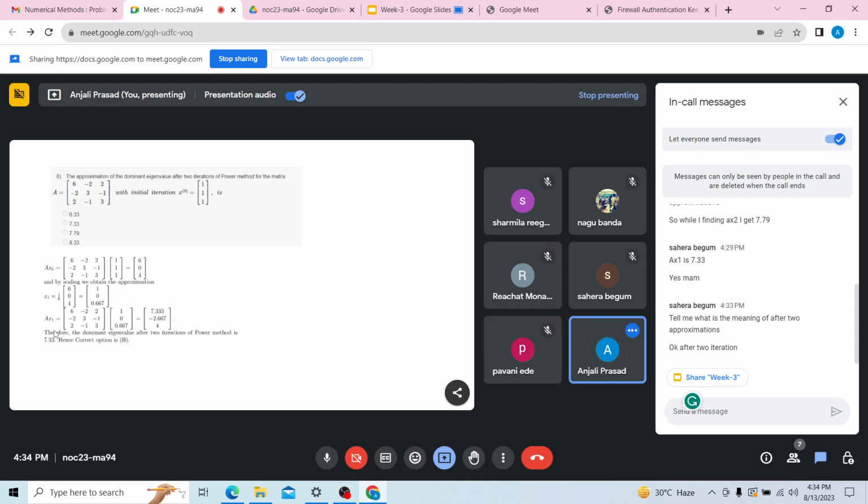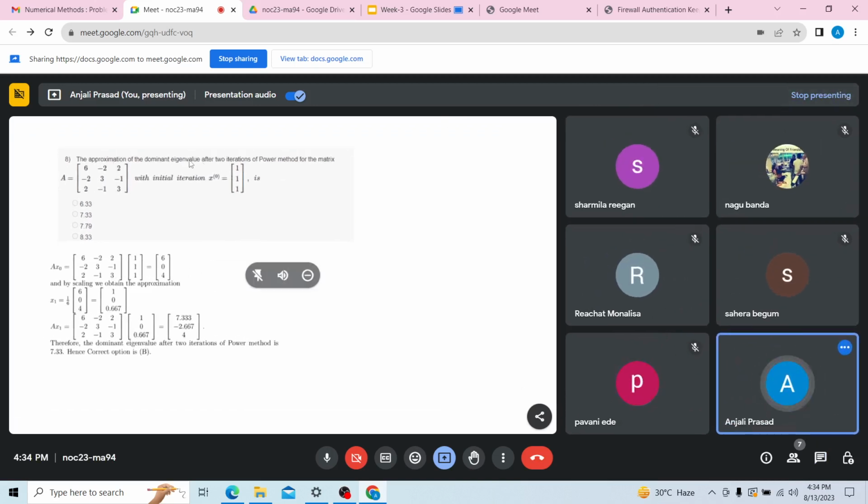Yes, after 2 iterations. But actually in this question, it should be after 1 iteration. So you will get 7.33. Fine.